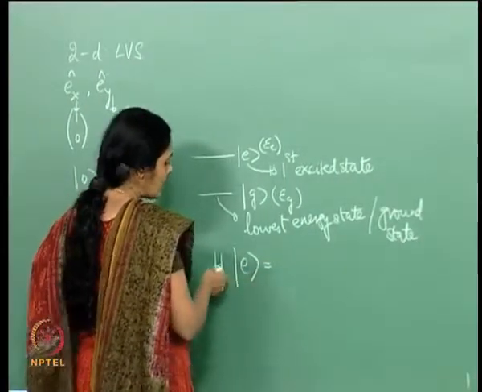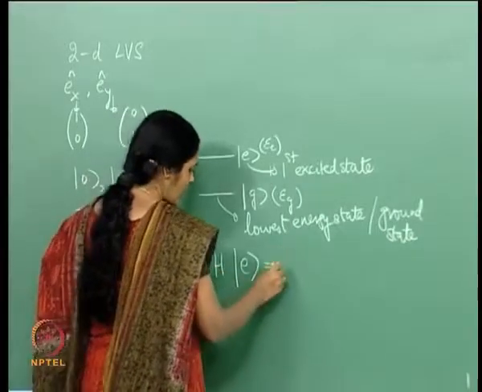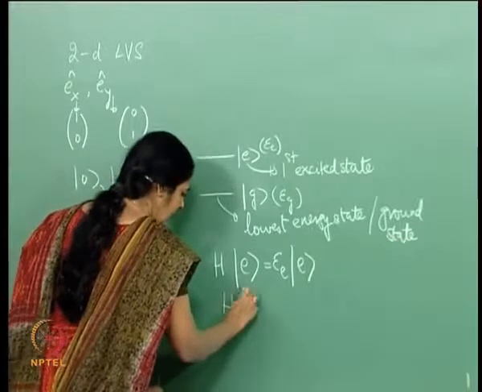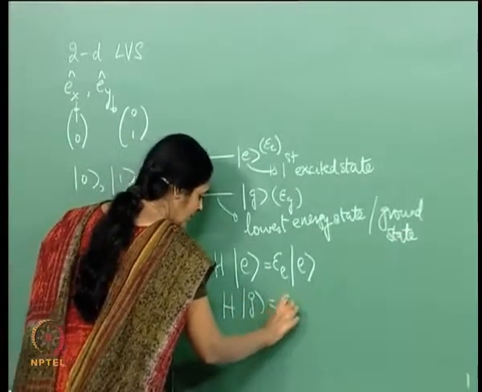Ket E and ket G are eigenvectors of H with eigenvalues E sub E and E sub G.